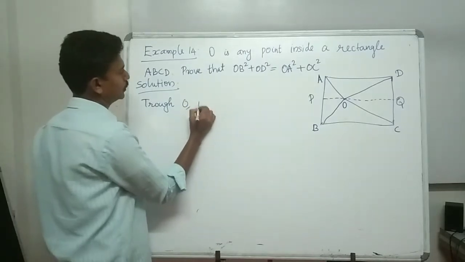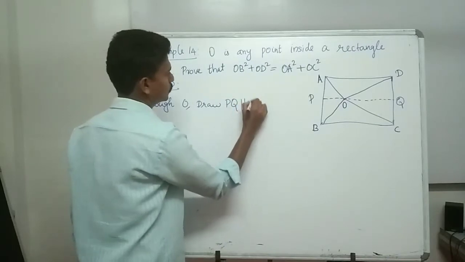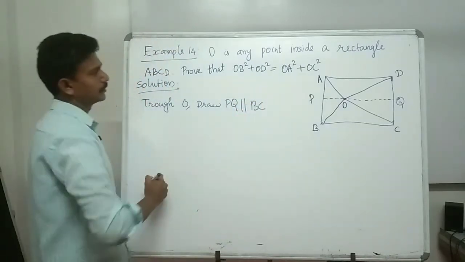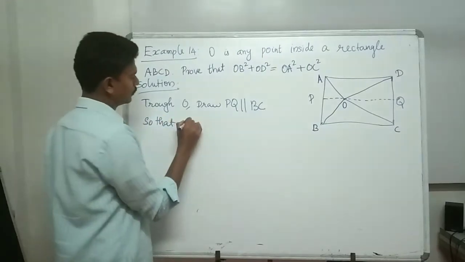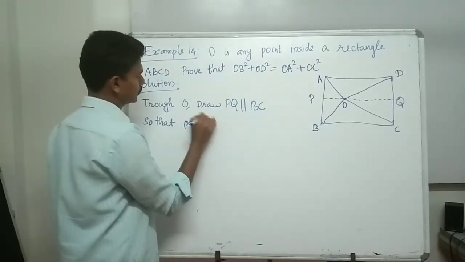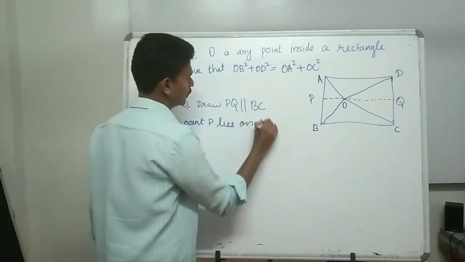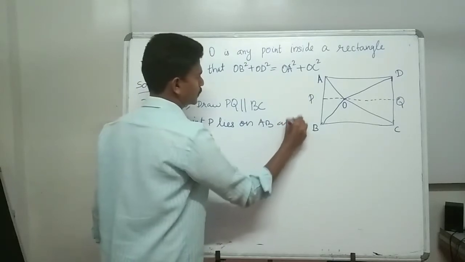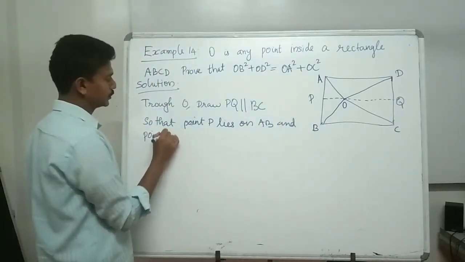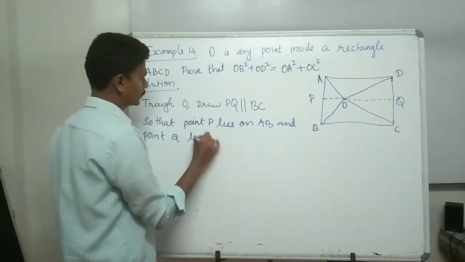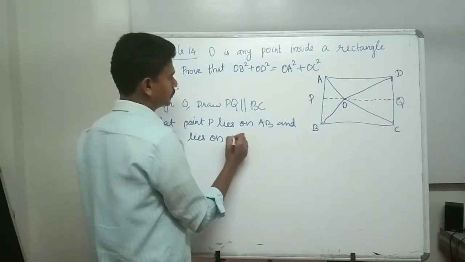Through O, draw PQ parallel to BC so that point P lies on AB and point Q lies on CD.